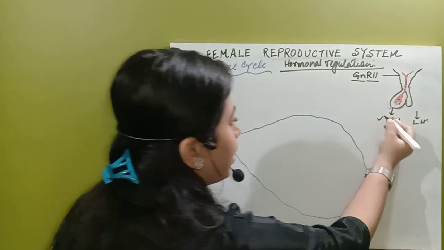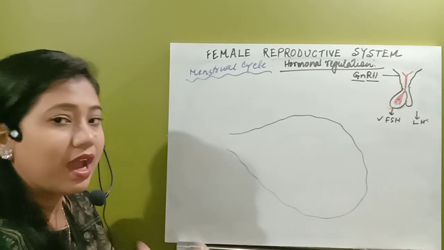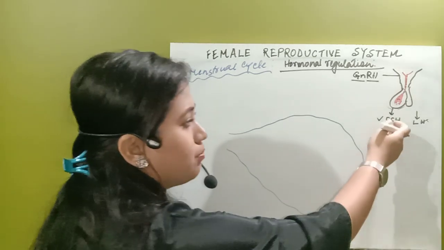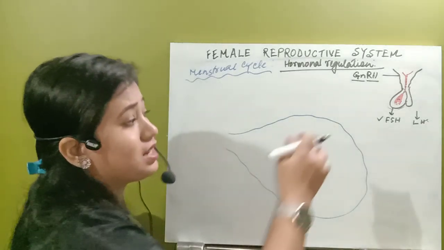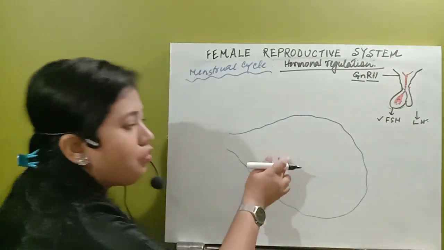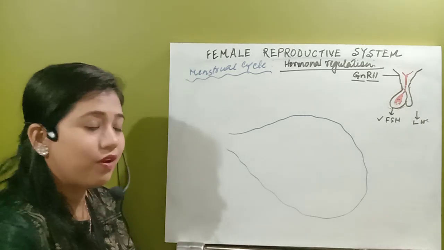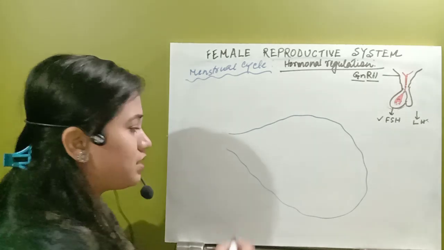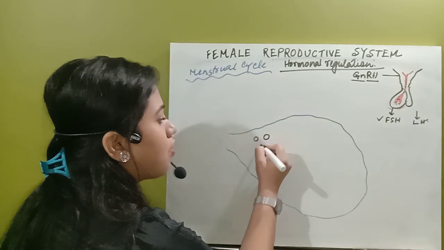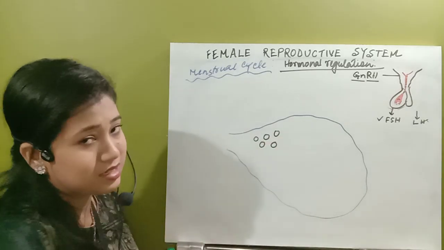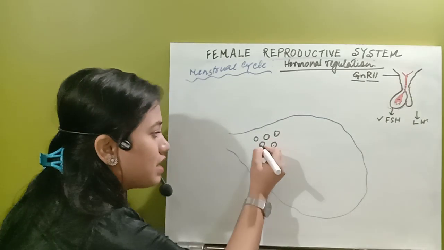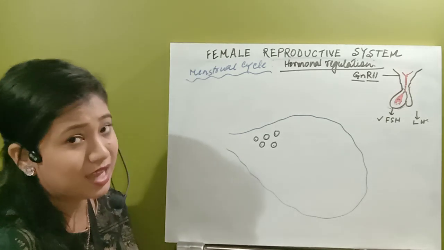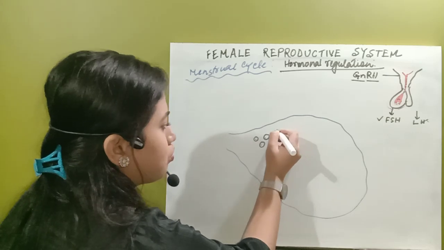So first FSH is released, and I told you that in the ovarian stroma we have blood vessels. So via the blood from the pituitary gland, the FSH will come to the ovarian stroma. Now what happens inside the ovary? I already mentioned that the ovary consists of primary oocytes, and around the primary oocyte we have a layer of granulosa cells.